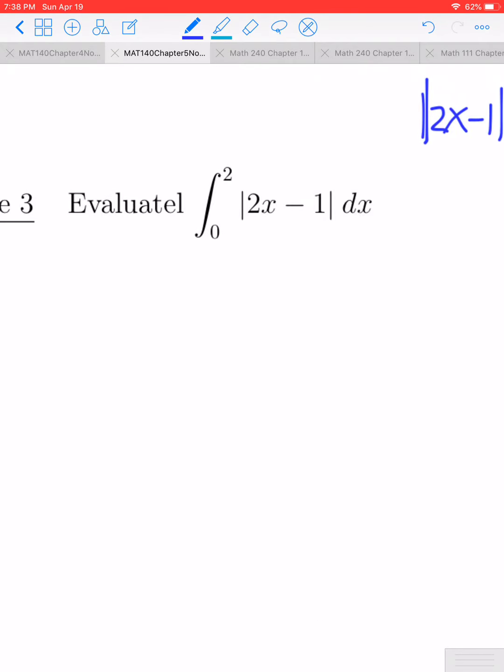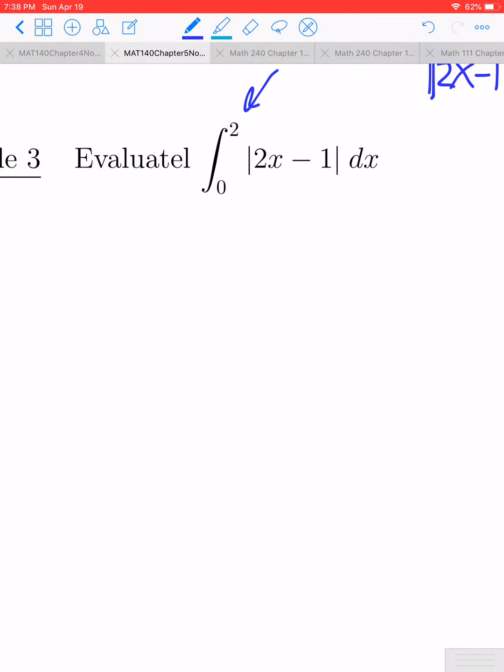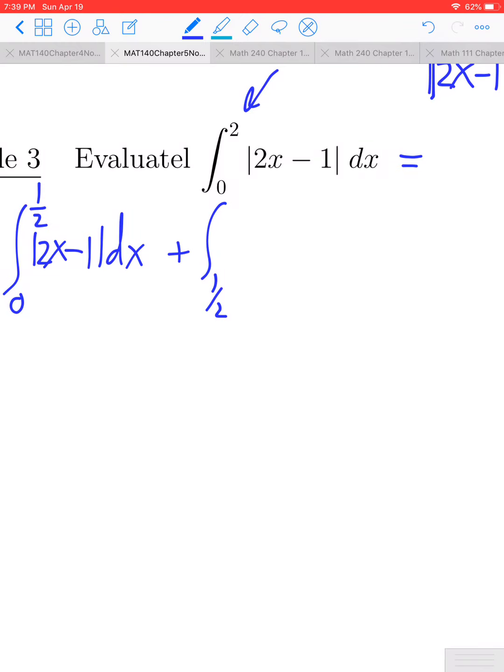Well, if we look at the definite integral we're trying to calculate, this is the definite integral between 0 and 2, and 1/2 is certainly in there. So I've got to split this apart and do two separate definite integrals here. Using properties of the definite integral, this is going to be the definite integral from 0 to a half of the absolute value of 2x minus 1 dx, plus the integral from 1/2 to 2 of the absolute value of 2x minus 1 dx.